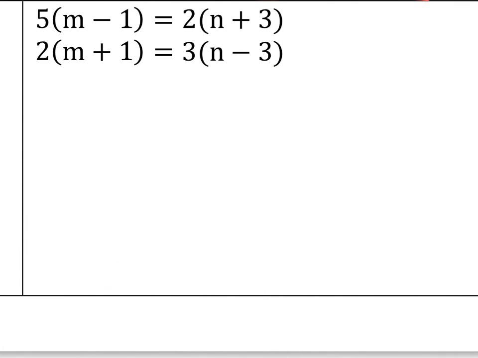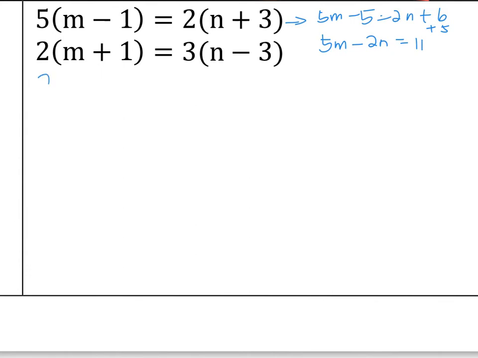Okay, for this one, you're going to have to change everything to standard form. So this one would be 5m minus 5 equal to 2n plus 6. So this would be 5m, move the 2n over to the left-hand side, and negative 5. You would have to add 5 on the other side, so that would be 11. I'm going to set that aside.